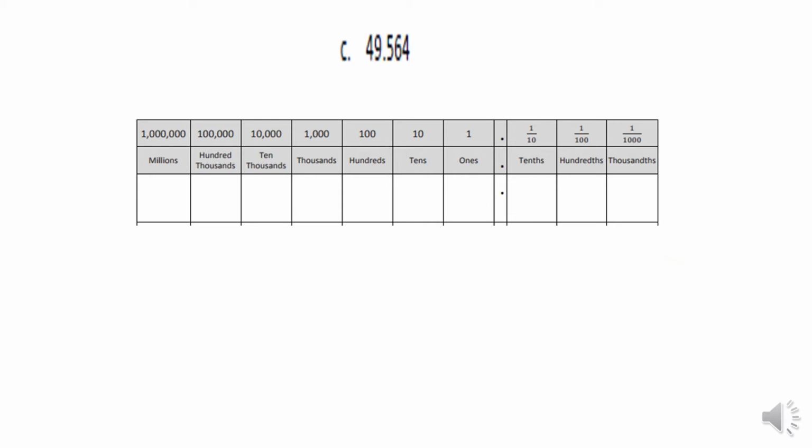The place value chart is a very nice tool, and if you put it in it and you see it every time, it's very hard to make a mistake. So we're going to put 49 and 564 thousandths.